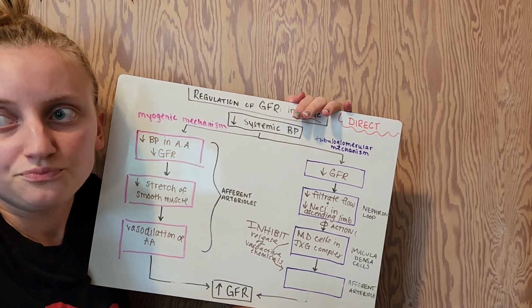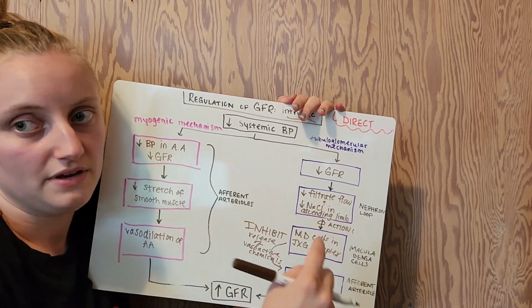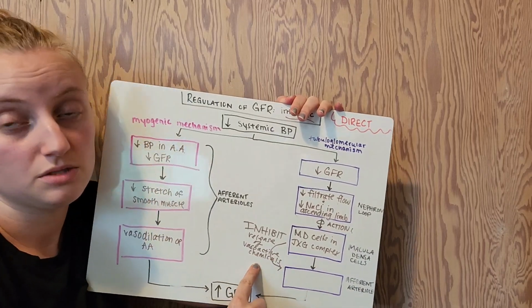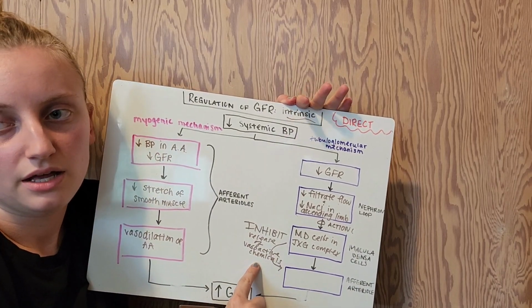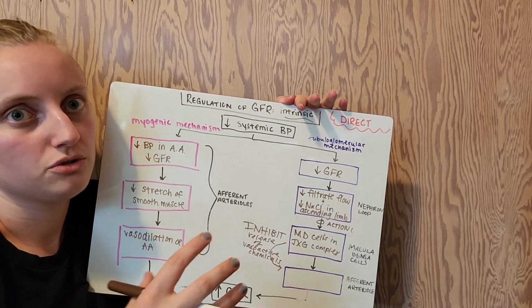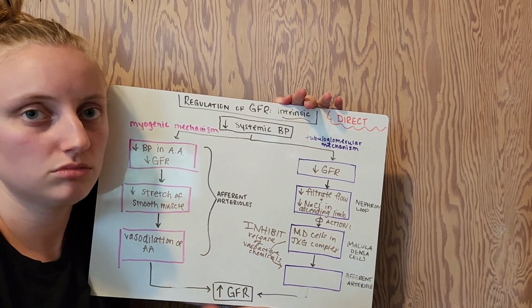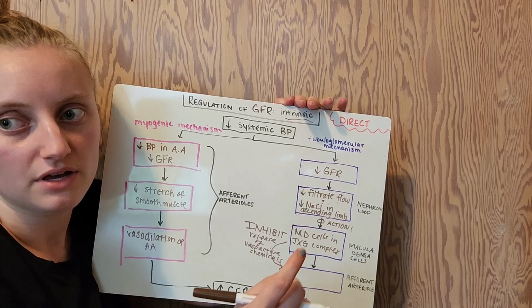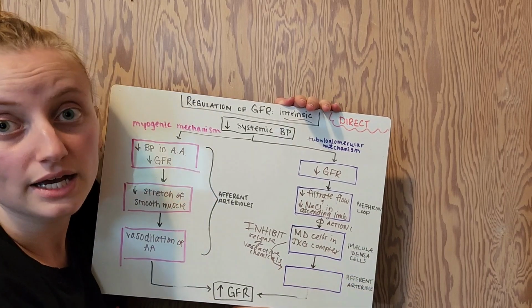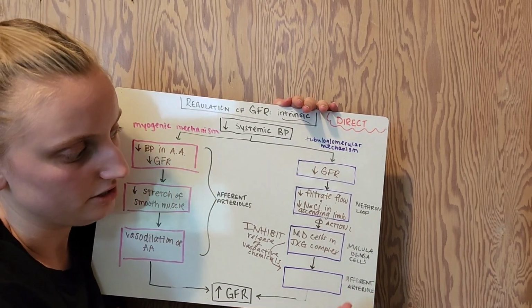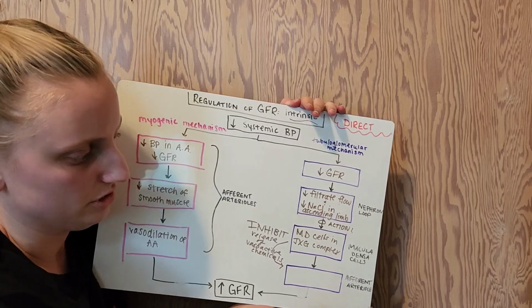And so, if we don't have vasoactive chemicals being released, and these vasoactive chemicals are usually constricting our blood flow, they also just control our blood vessels, we have a result of vasodilation in our afferent arterioles. So we're back to our friends, the afferent arterioles.